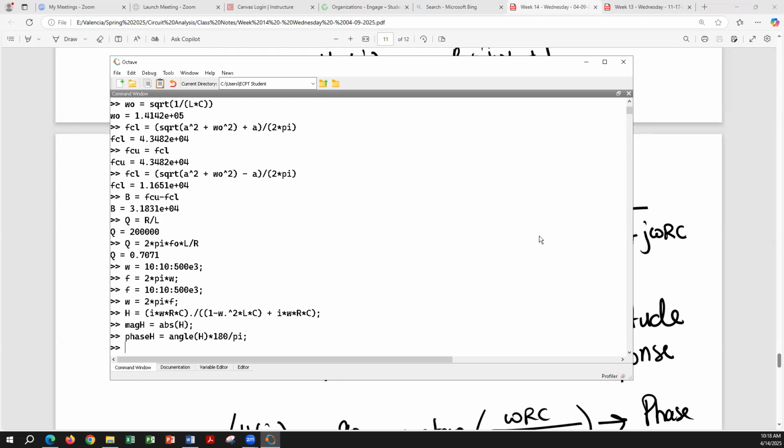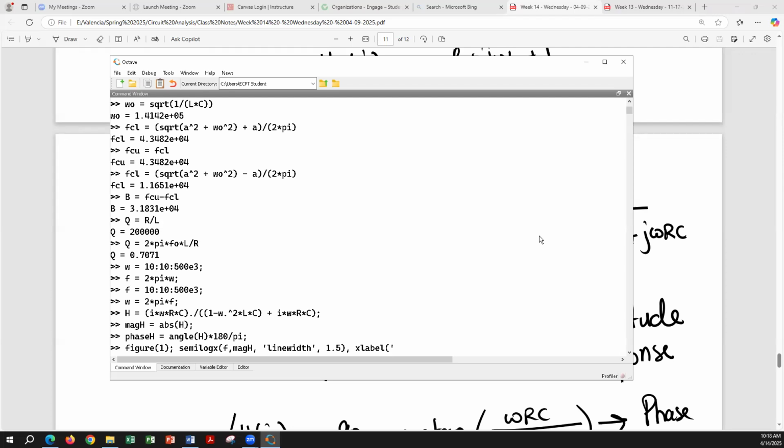And now I'm going to plot using semilog x. So let's do figure 1, semilog x. I'm going to do f comma magnitude of h, increase the line width to 1.5, let's say.